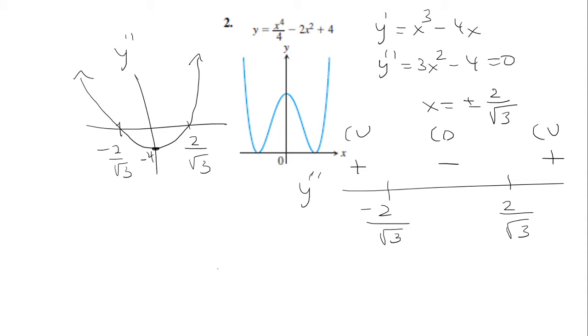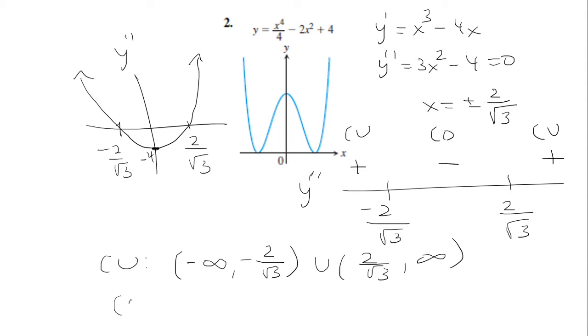So it's concave up from negative infinity to negative 2 over root 3 and 2 over root 3 to positive infinity. Concave down in between those, so it's negative 2 over root 3 to 2 over root 3.